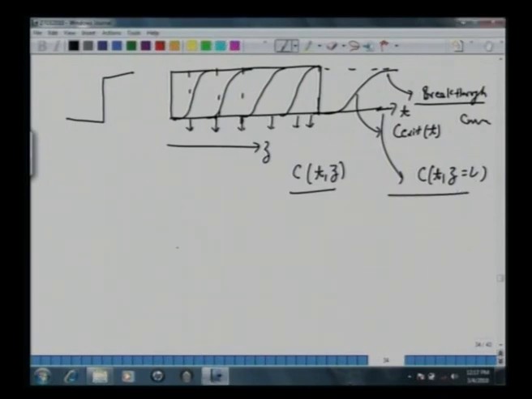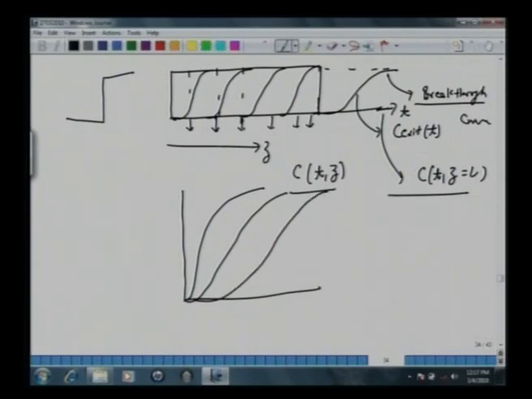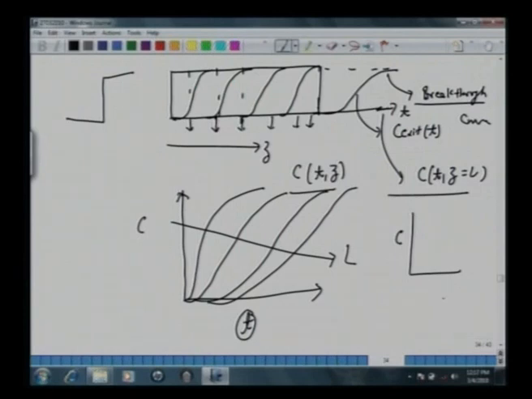If you can plot all of this in one, we have profiles like this, like this, like this. So this is increasing length, and this is time. We are plotting it for different lengths at different times, and earlier we had plotted C along Z for different times, where we got a profile like this.